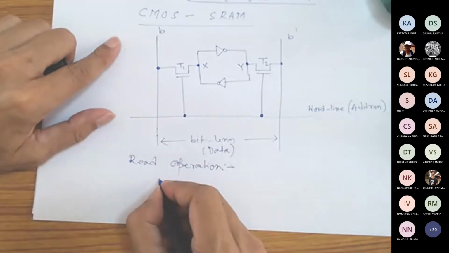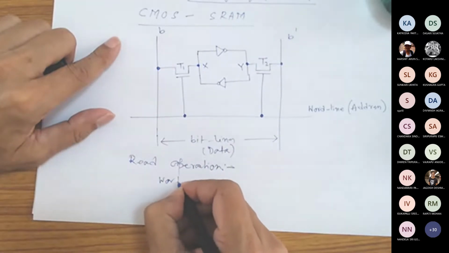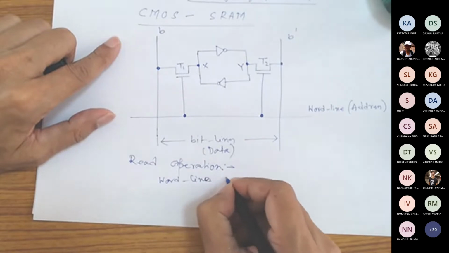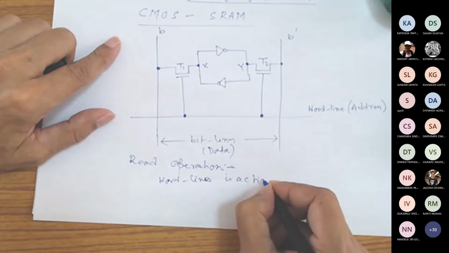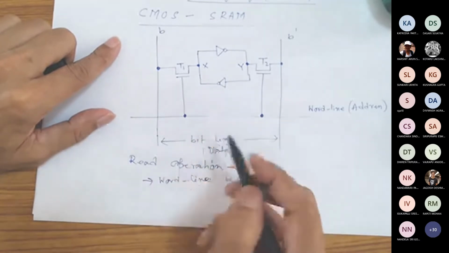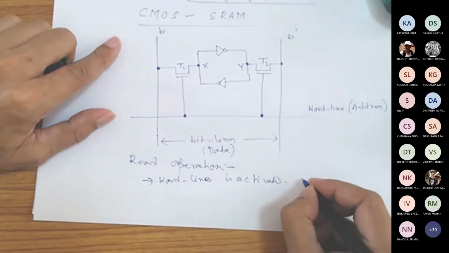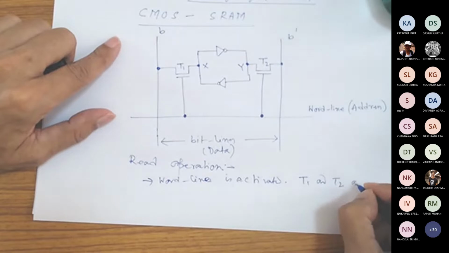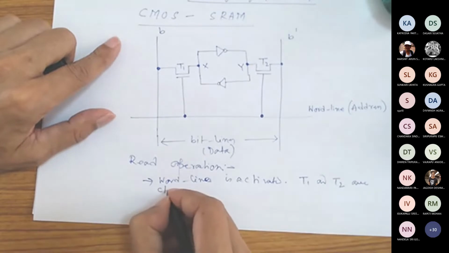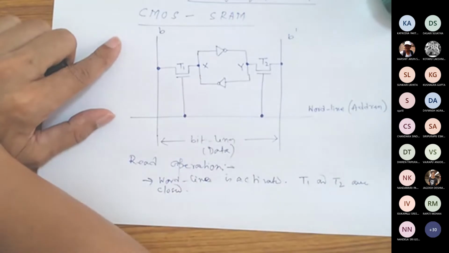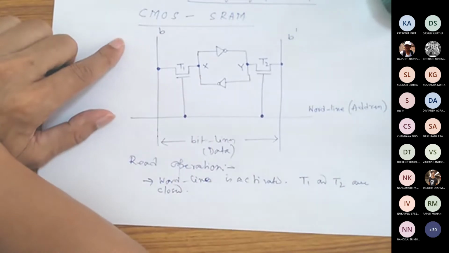So what it means is T1 and T2 are closed now.